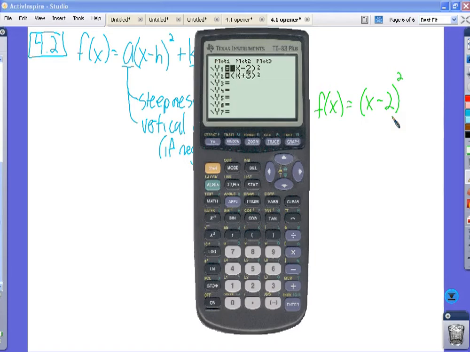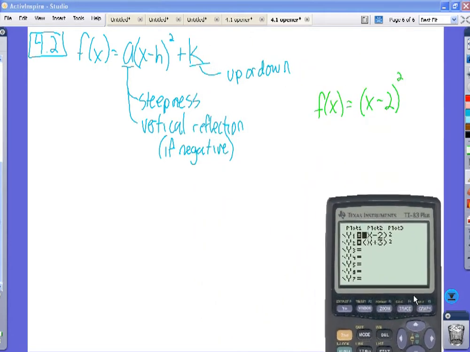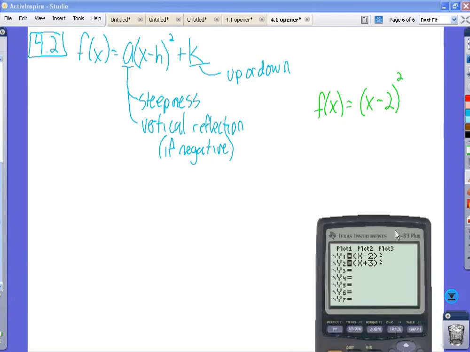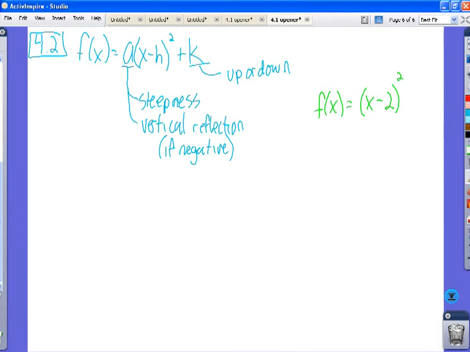Okay. So that's a little bit counterintuitive. But if you think about it, you'll find the vertex wherever this winds up being 0. This here would be 0 where we find the vertex.